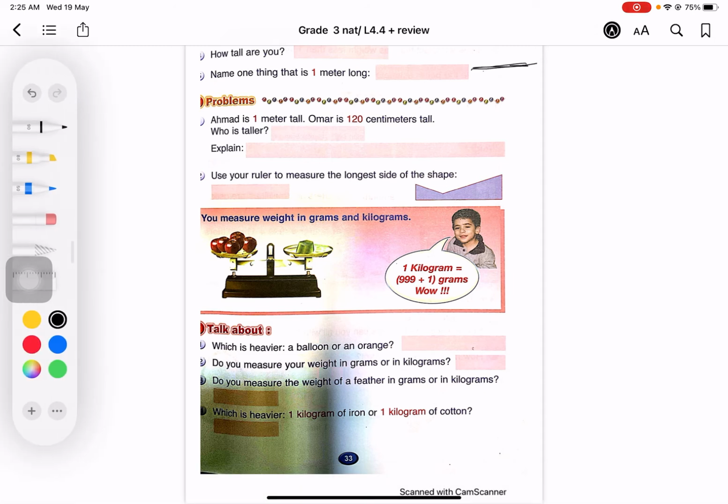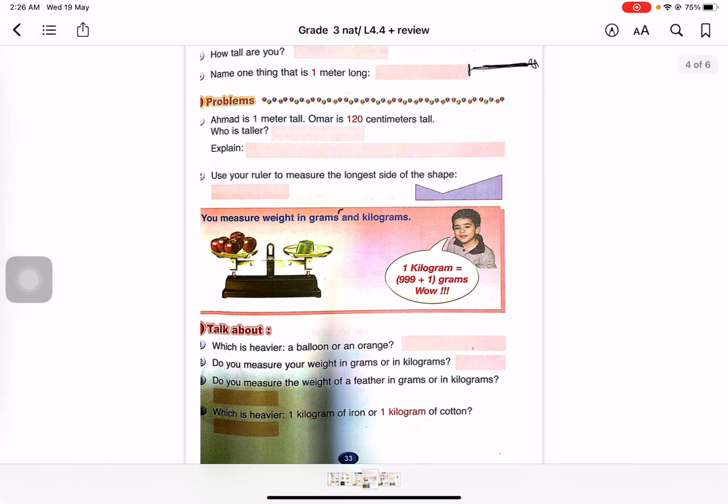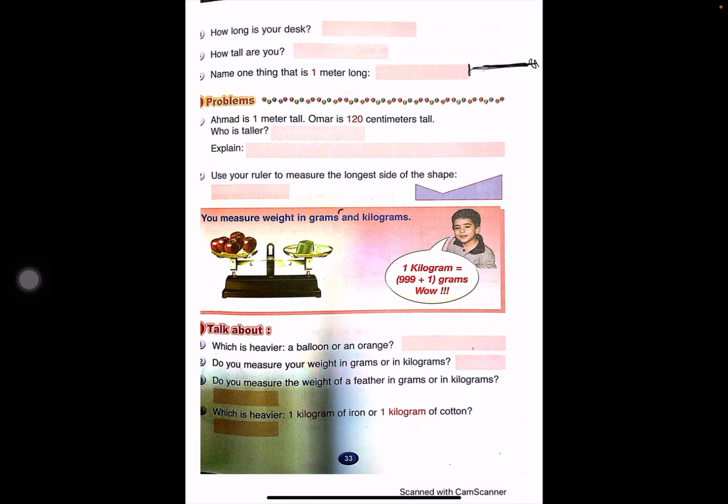For example, it will be more than the ruler. Your ruler, maybe it will be 15 or 30, but your desk, if you are measuring the desk, here is the desk. You are going to measure it by using what? The meter.